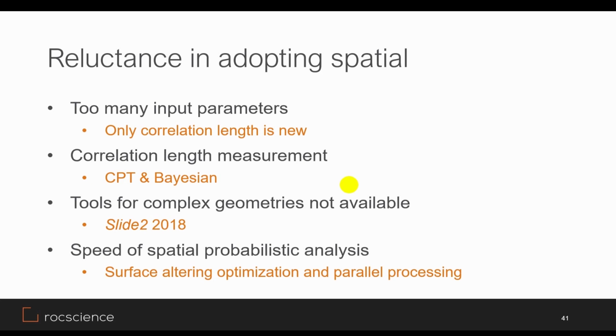Even though some of the tools could model the complex geometries, the speed was a problem. But again, in Slide 2018, using a surface altering optimization technique and using parallel processing, we don't have any speed problem. We can have any type of geometry, any mesh size, any correlation length, and carry out probabilistic analysis very quickly.